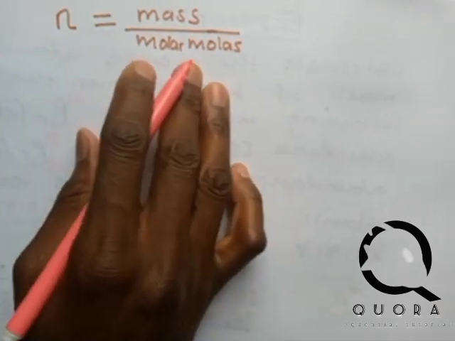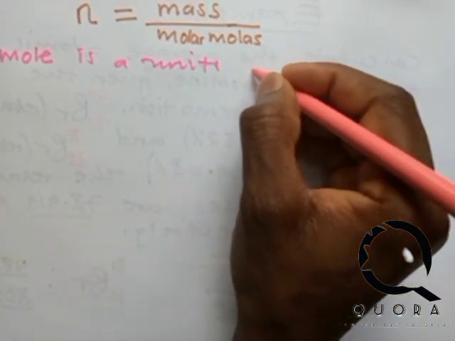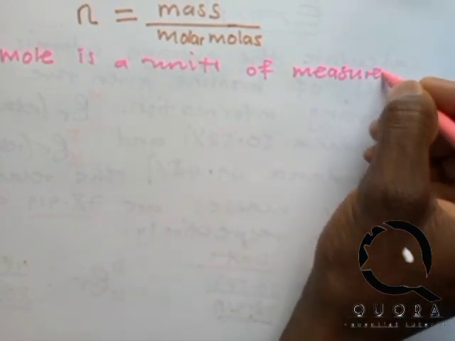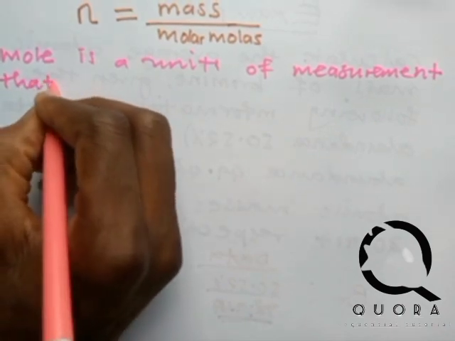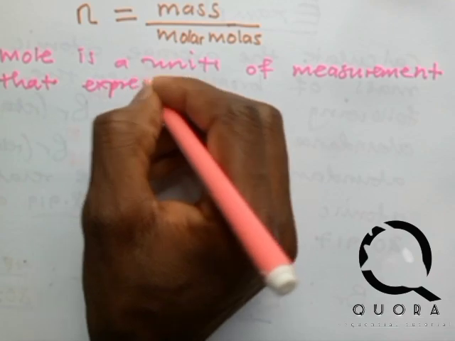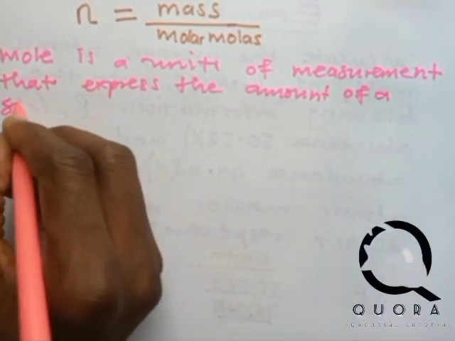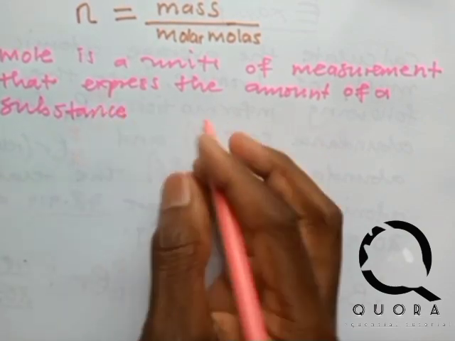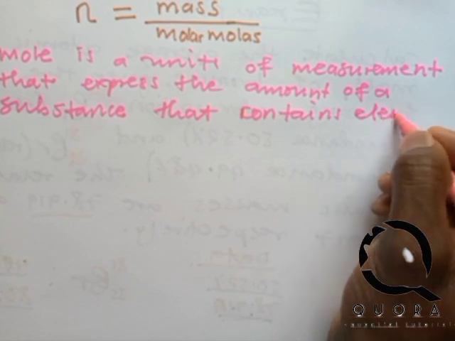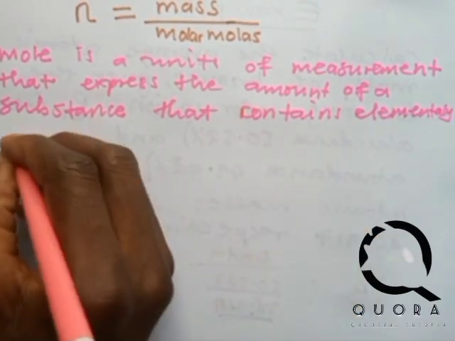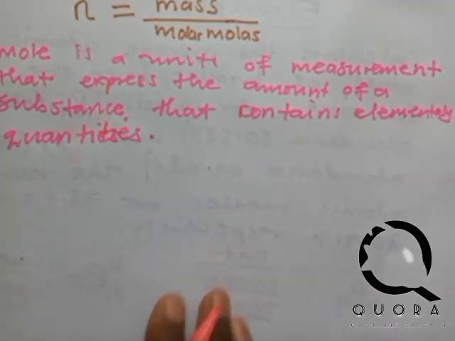So here I'll say: a mole is a unit of measurement that expresses the amount of a substance that contains elementary quantities.